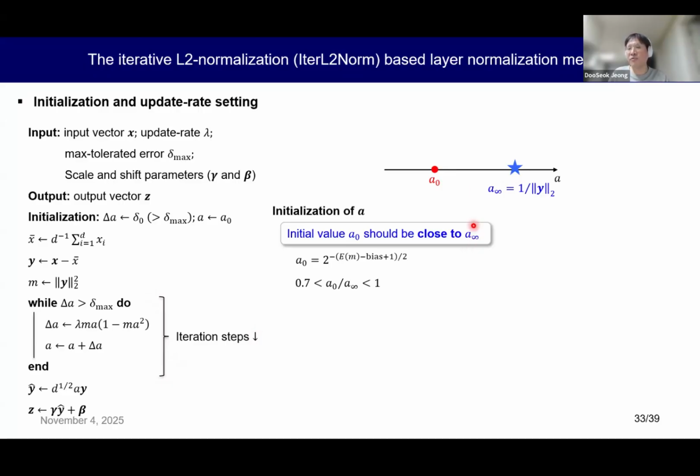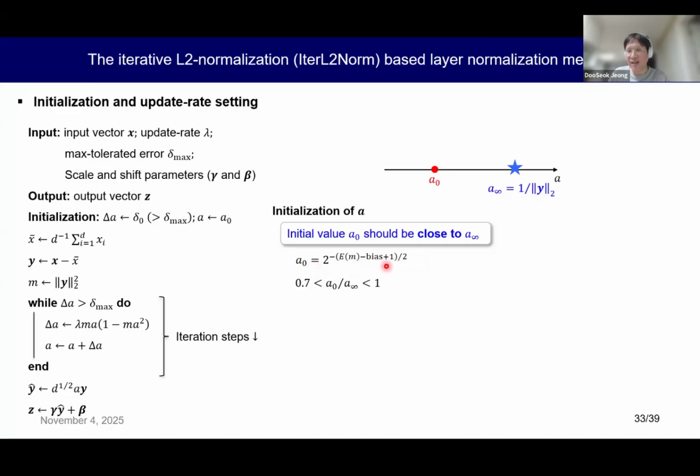But luckily we roughly know where the steady state A value is, because the data is given in floating point format. Because m, which is the inner product of y with itself, you basically know the exponent value of that, and simply a naught is its inverse.